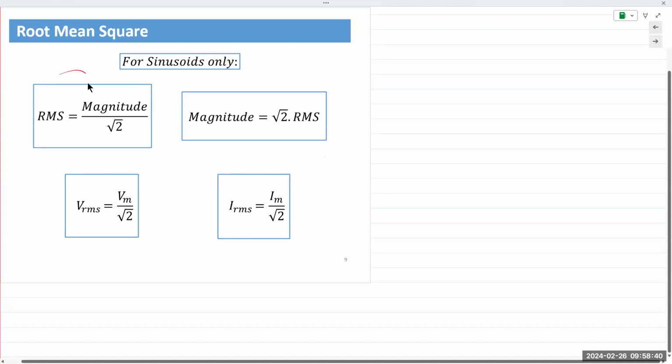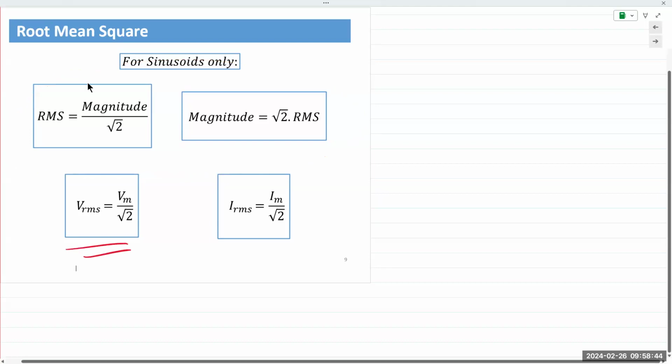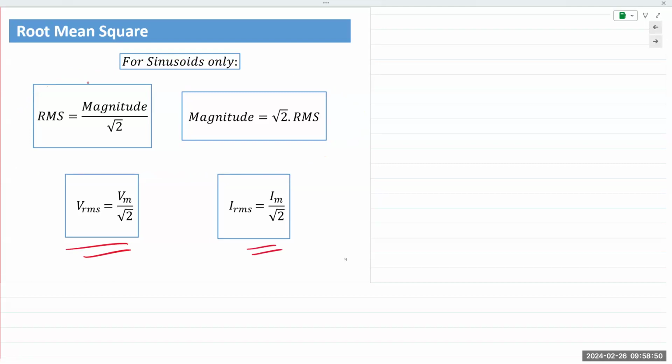And so I can write V_RMS is Vm divided by root 2. I_RMS is Im divided by root 2. If you are given a peak-to-peak value, you would divide by 2 first to find one single peak value and then calculate RMS from there. Okay.